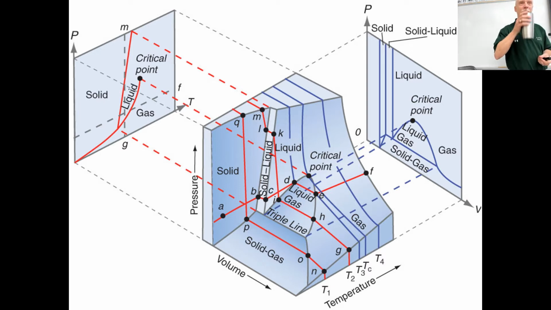So what's going on? Temperature and volume decreases. Why is the pressure not changing? So we're changing the volume. We're not changing the temperature, and the volume's changing, but the pressure's not changing.